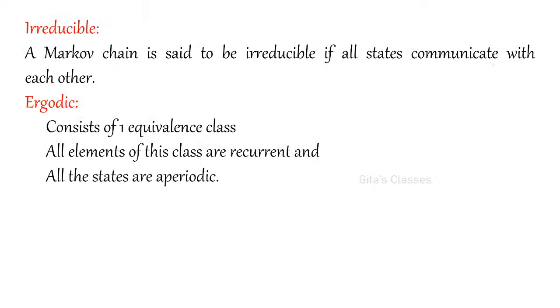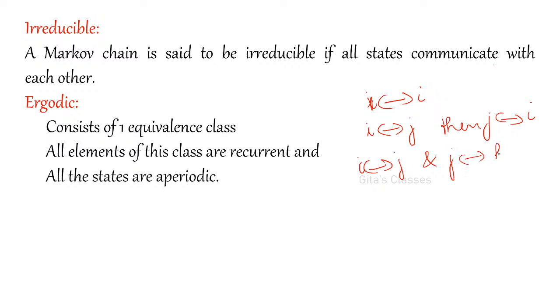Okay ma'am, see. All these elements are equivalence classes, means you should be able to go back. Always I communicates with I. If I and J are communicable, then definitely J and I are communicable. Also, if I and J communicate with each other, and J and K communicate with each other, then I and K also communicate with each other.